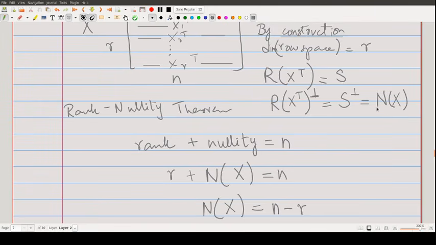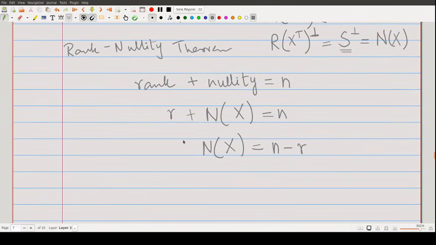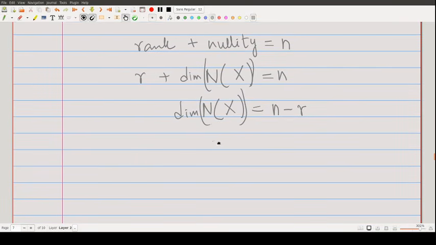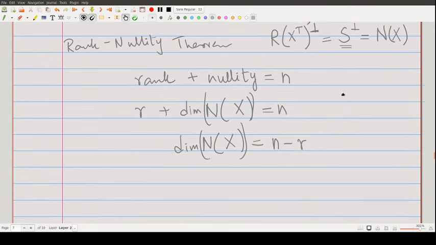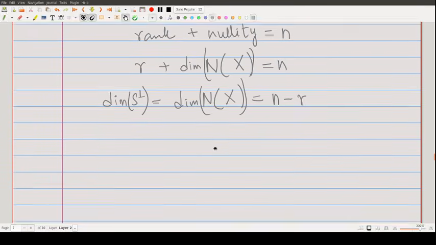Both of these are just the orthogonal complement of the subspace S. I've written this incorrectly: the nullity means the dimension. So the dimension of S is r, and the dimension of the null space of X, which means the dimension of S complement, is equal to n minus r, and there we're done.